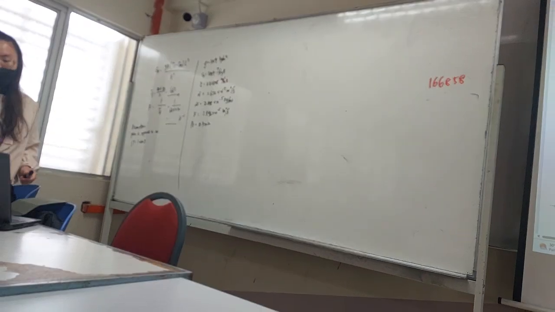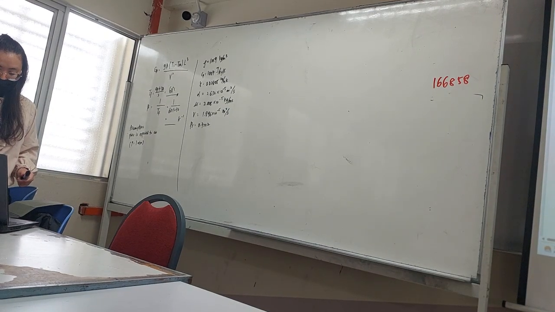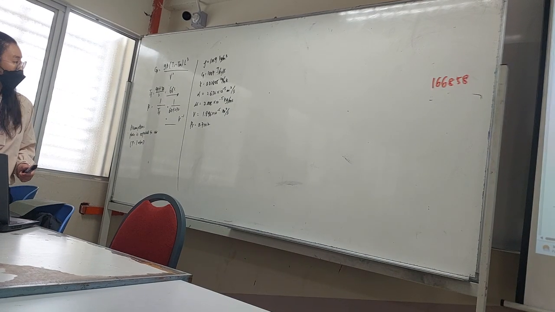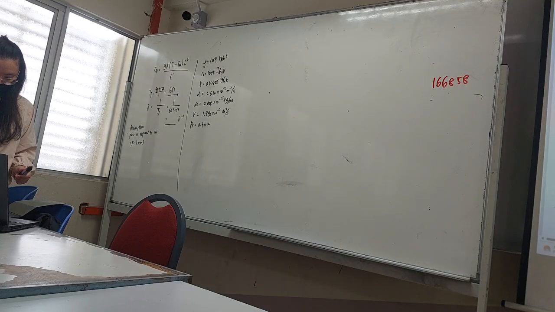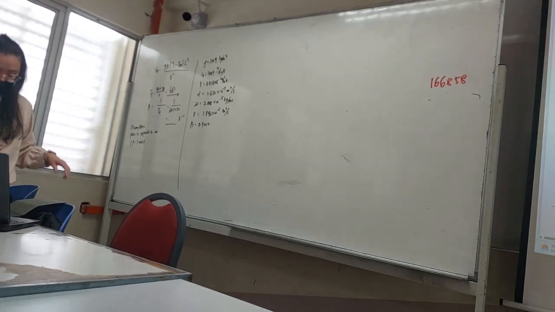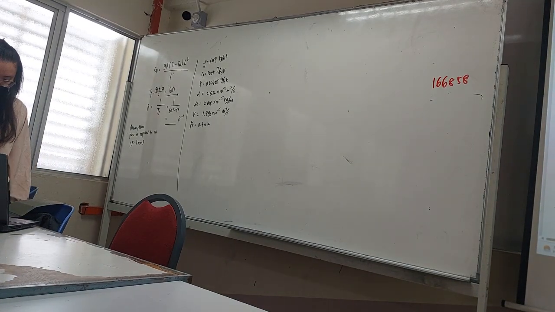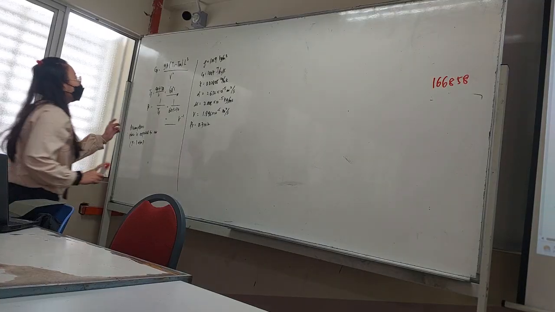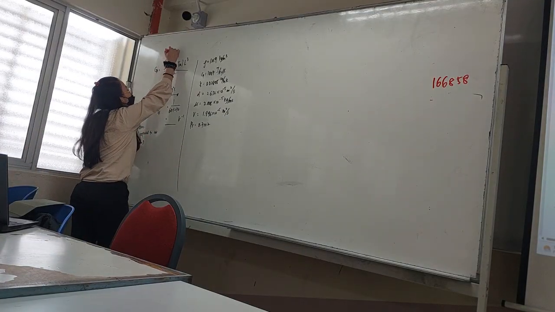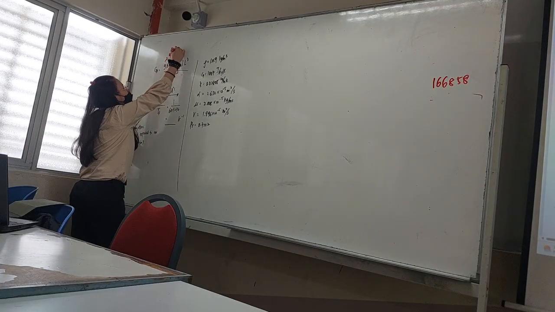Just copy and get it. You need to give also the unit. Okay, so your gravitation, this is a constant number, 9.81.